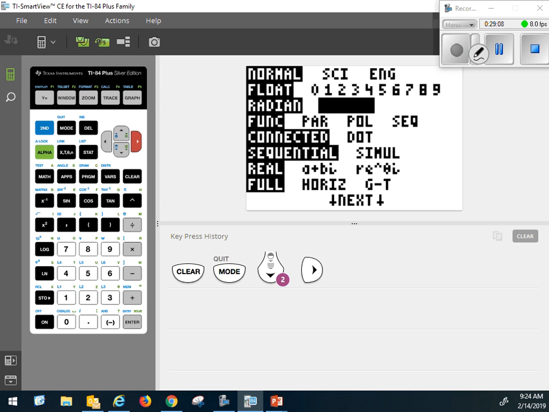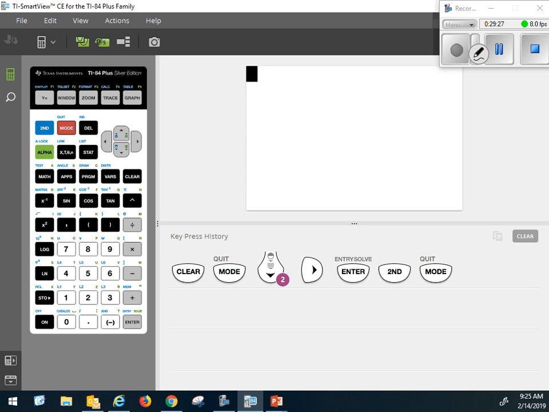Radian is still highlighted. You have to hit enter so that it highlights it. Okay, so mode, arrow down, arrow over to the right, hit enter so that it now highlights degree. And then you're good to go. You can just hit second mode and that quits out of that screen. Second mode. And now it's in degree mode.